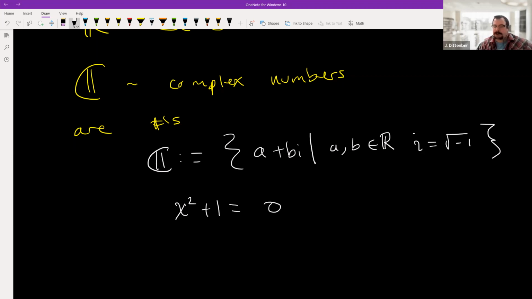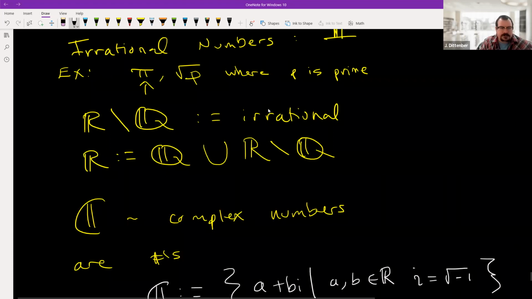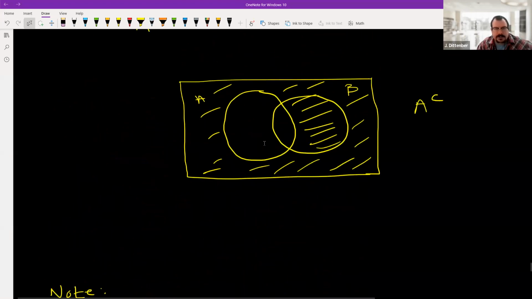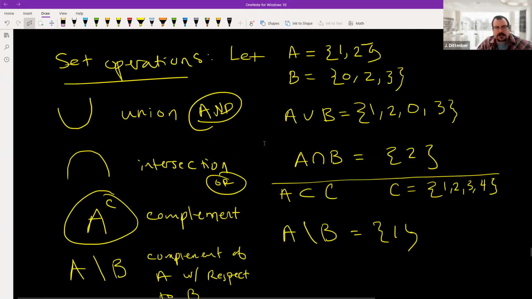And yeah, these number sets have various properties. The real numbers and the complex numbers, these are fields. And we'll talk more about what a field is. The real numbers are a complete ordered field. The complex numbers are an unordered field. And then we have our rational numbers, which are also what's called a field.